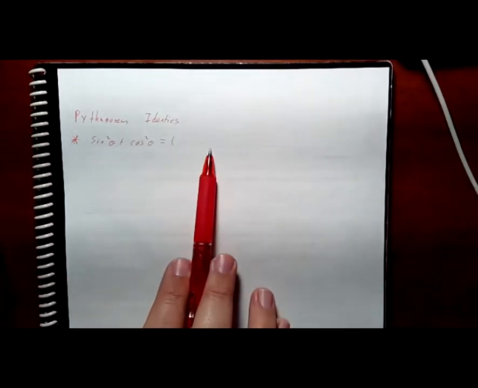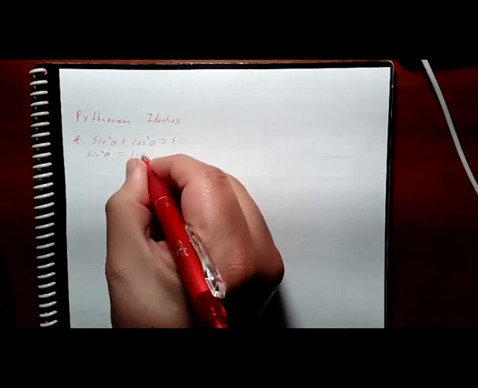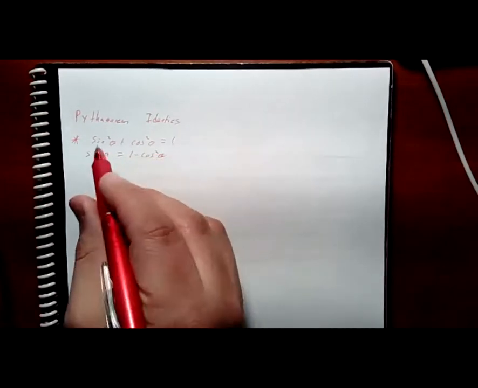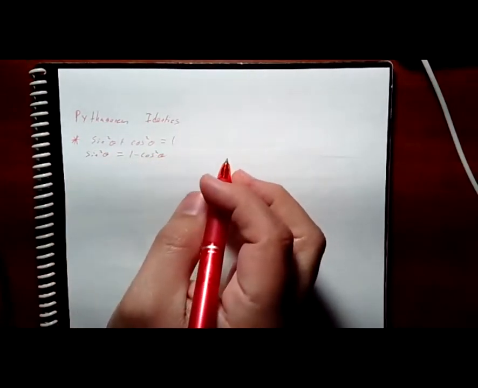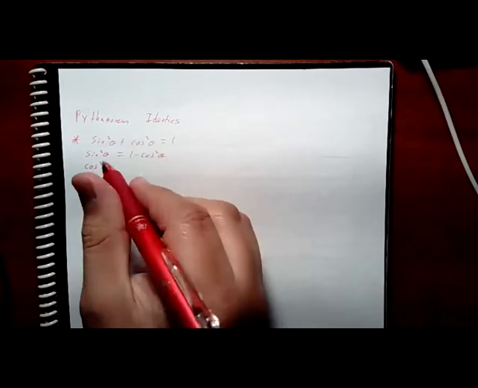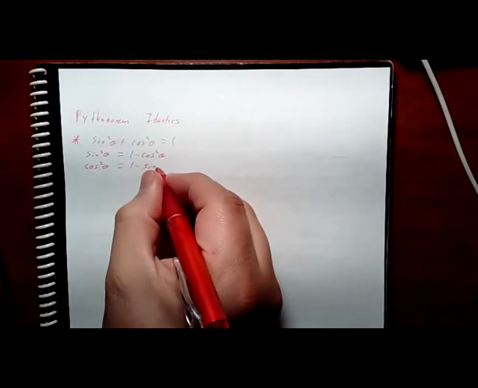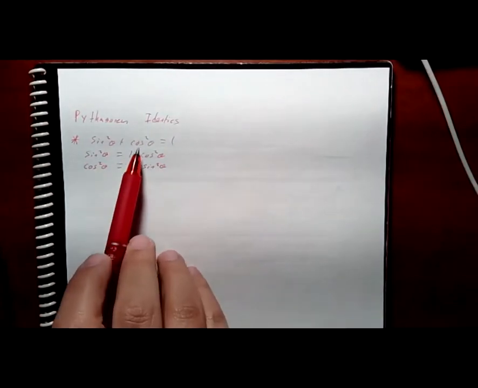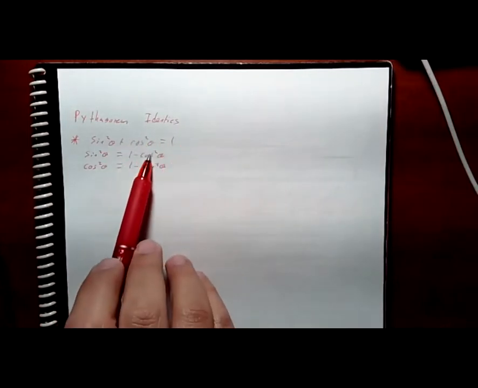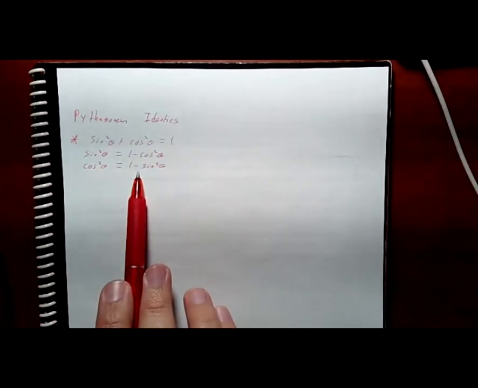Say you subtract cosine over here, you're going to get sine squared theta equal to 1 minus cosine squared theta. Subtract the sine, you get cosine squared theta equal to 1 minus sine squared theta. Is that clear? Subtract cosine on both sides, and you get this. Subtract sine on both sides, you get this.